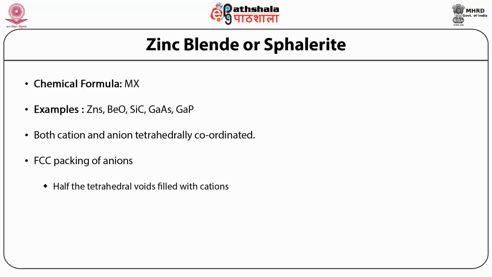The compounds with radius ratio Rc by Ra of the order 0.225 to 0.414 follow this structure, with a few exceptions where bonding favors a tetrahedral coordination despite an unfavorable radius ratio, especially covalently bonded compounds. Such structures are followed with covalent bonding.